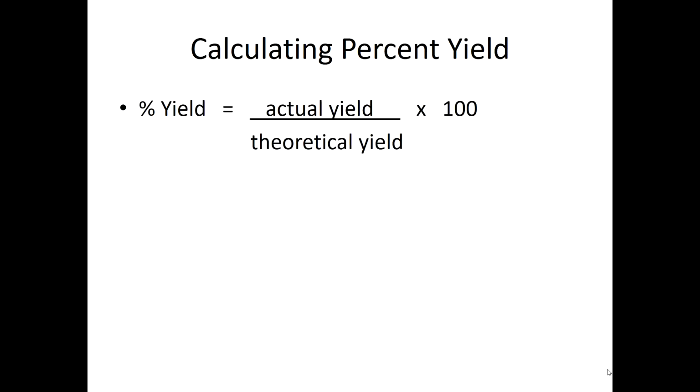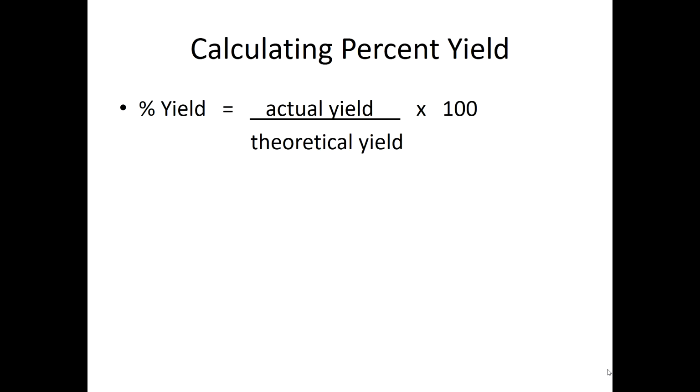All right, so now we're going to move on to the very last concept, and that's how to calculate percent yield. If we were in the lab and we were to do this experiment, we would produce an amount of nitrogen that would probably be less than the theoretical yield. That would be our actual yield, and that's just because of error. There's always error when we do labs. So your actual yield is typically less than the theoretical yield.